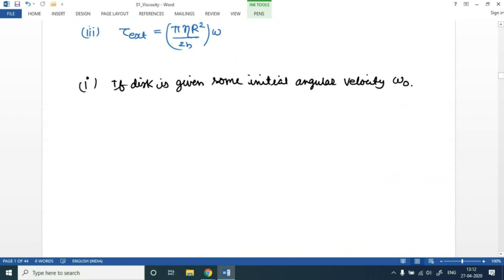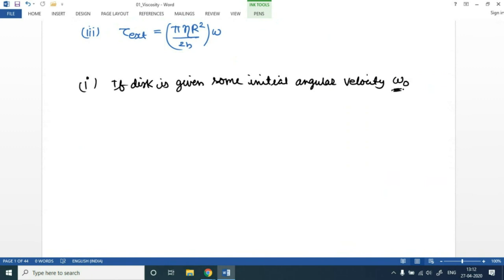In that case, what would be the angular velocity of the disk as a function of time? Obviously, since its initial angular velocity is omega naught, and it is experiencing a retarding torque due to the liquid in contact, its velocity will be decreasing with respect to time. So we want to find the angular velocity as a function of time over here.